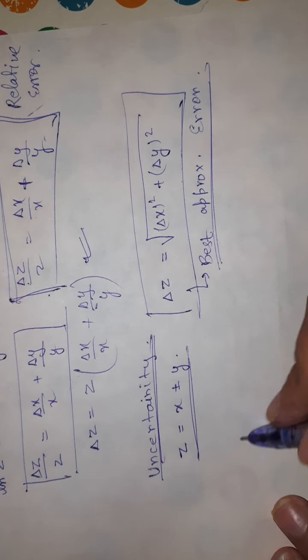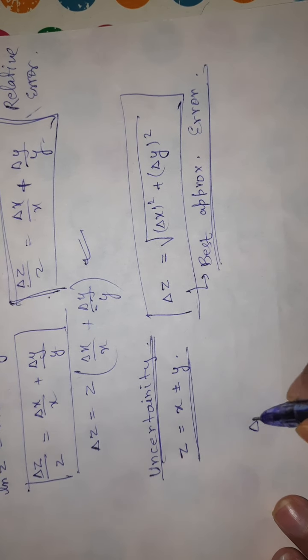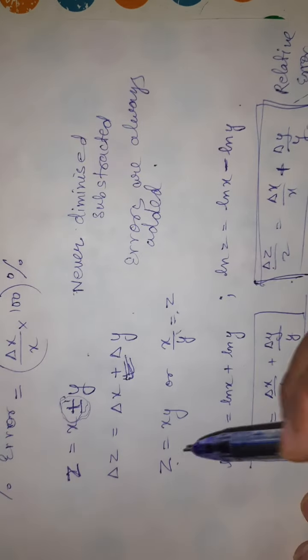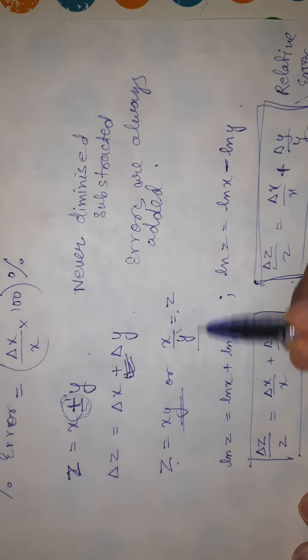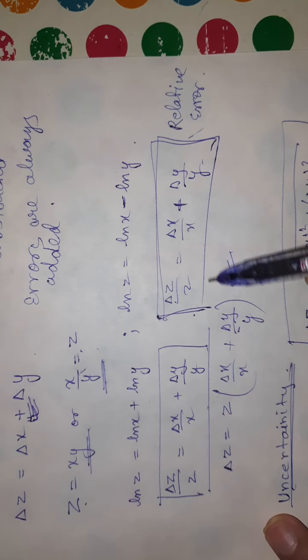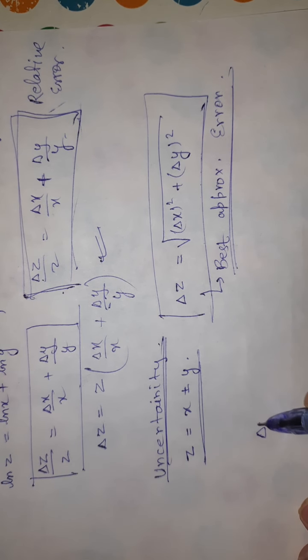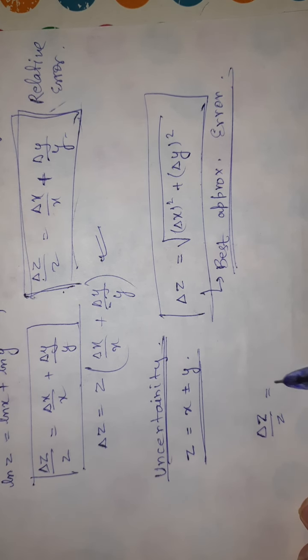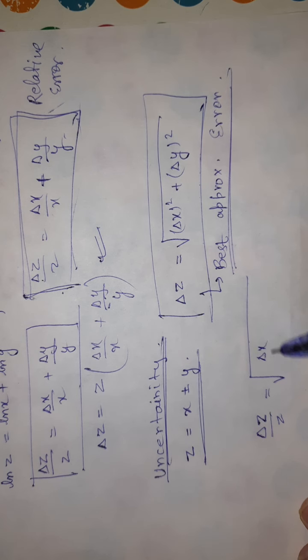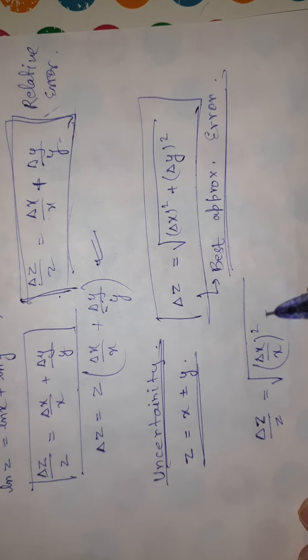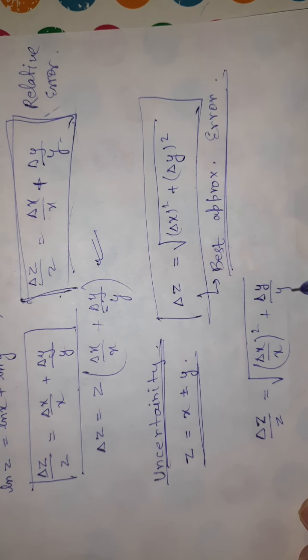Similarly, when variables are in multiplication or division, we saw that there is a relative error. In case of uncertainty in error, we simply write delta z by z equals the root of delta x by x whole square plus delta y by y whole square.